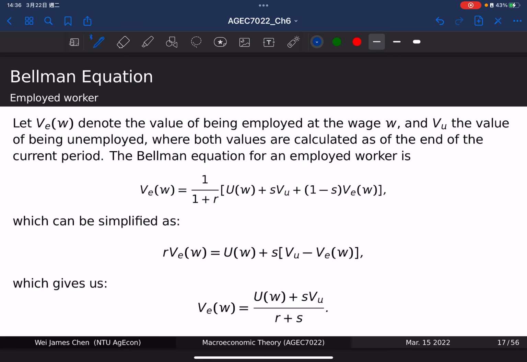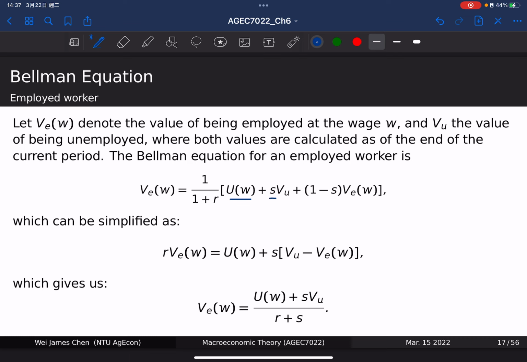VE of W, we can write it as 1 over 1 plus R, that's the discount factor, one period ahead. If you are currently employed at wage W, then you receive a utility U of W. And then there's a probability S that you will be separated.